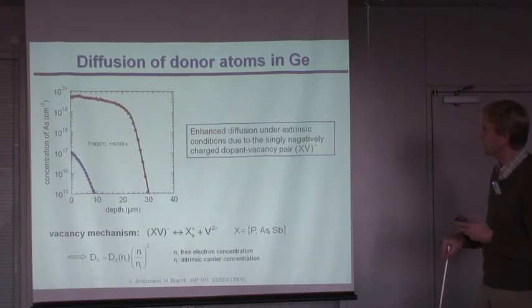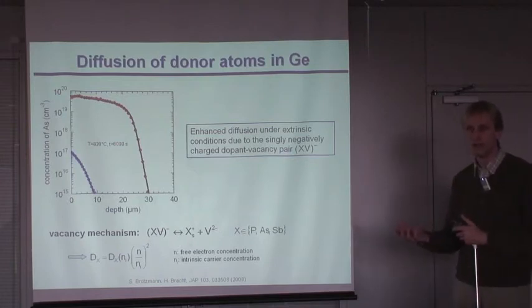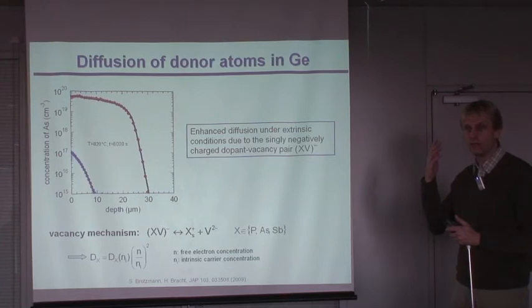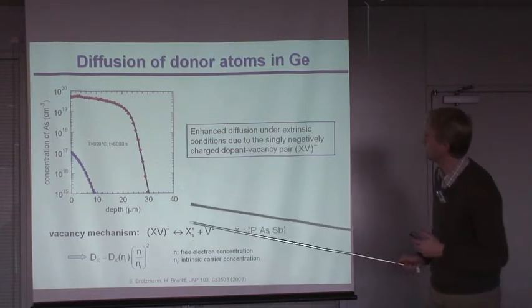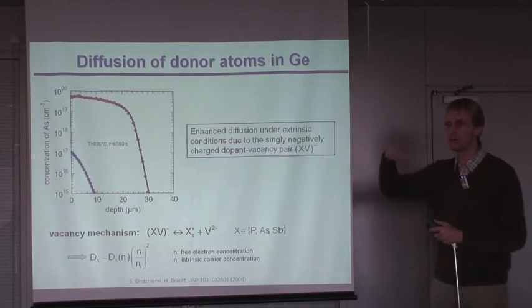So first I give you an idea about the donor diffusion in germanium, which behaves a little bit different to the case of silicon. A simple experiment would be: you have a piece of germanium, and you diffuse, for example, arsenic. Maybe you apply a certain pressure of arsenic in the surrounding.